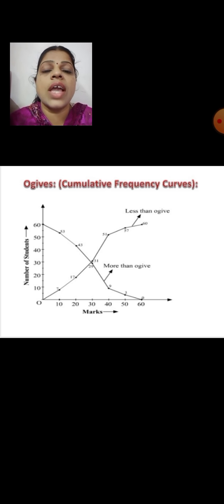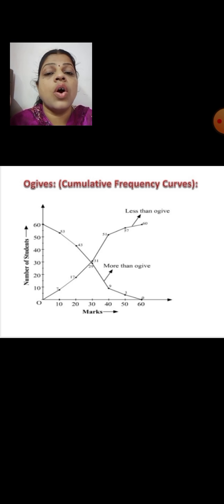In this diagram we can see both curves are drawn, according to the values of the less than cumulative frequencies and the more than cumulative frequencies. If we plot and join all these points, we'll be able to derive the ogives. This is the manner in which we derive an ogive through graphical representation.